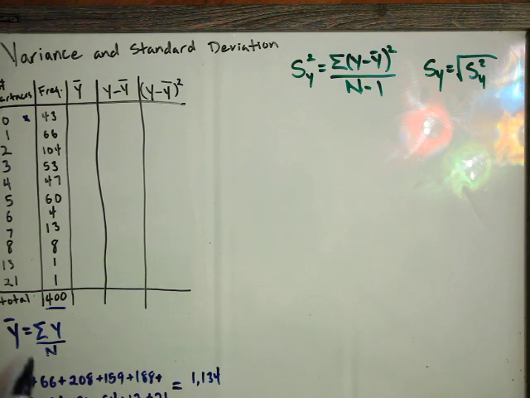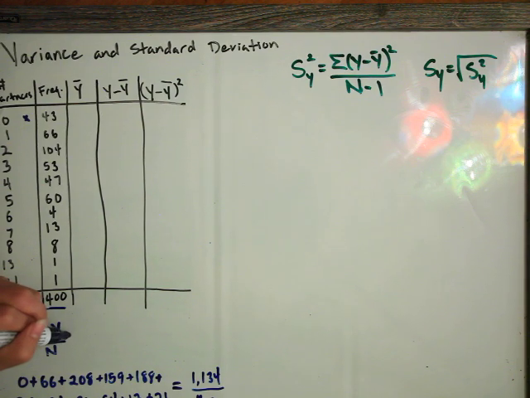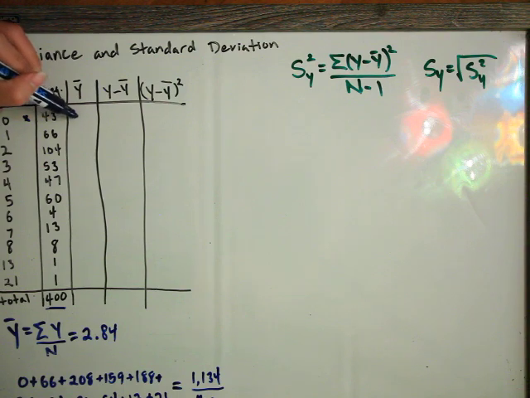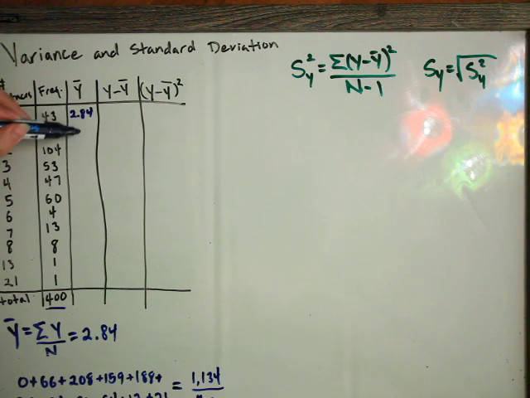So we take that number, which is the sum of all raw scores, sigma y, and divide it by 400, which is our n. That gives us a mean of 2.84. Then we put 2.84 for every value in the y bar column.